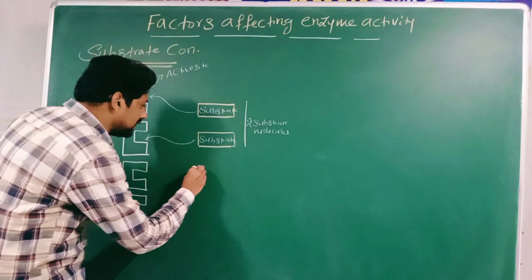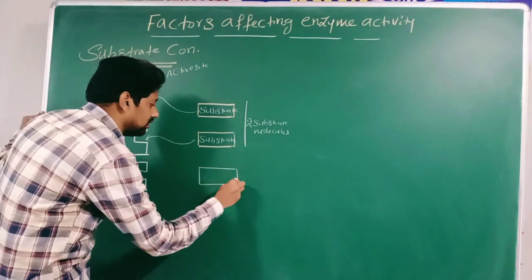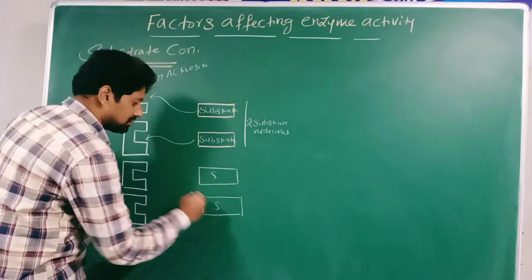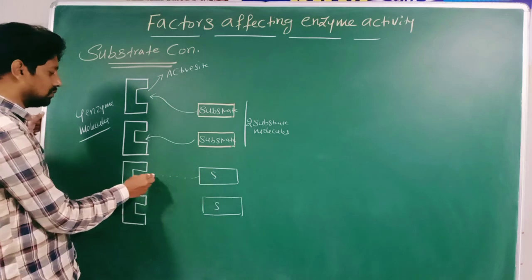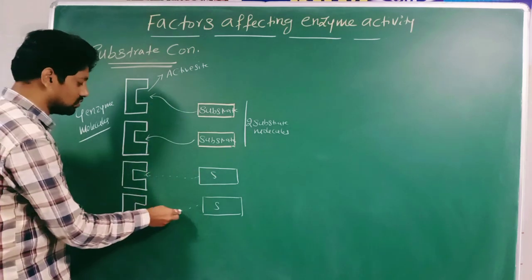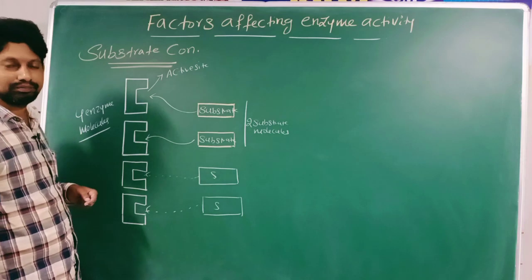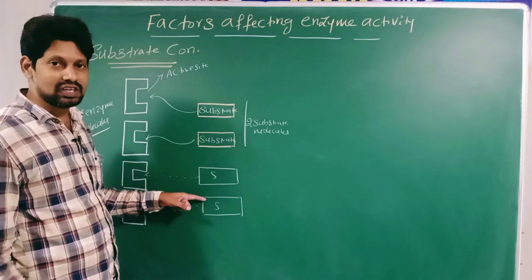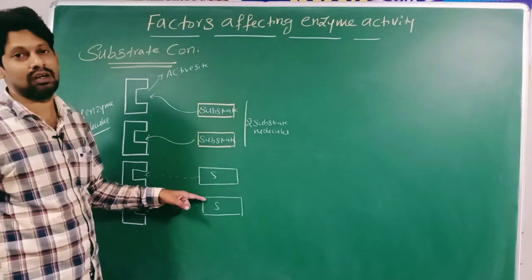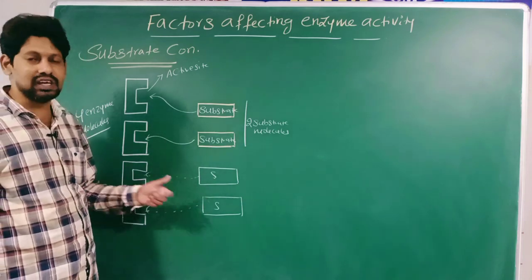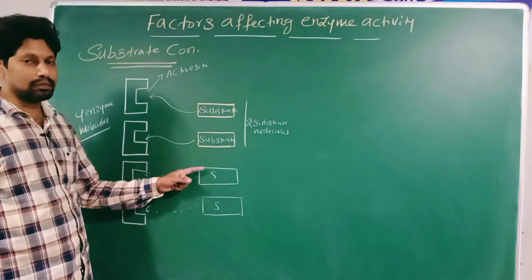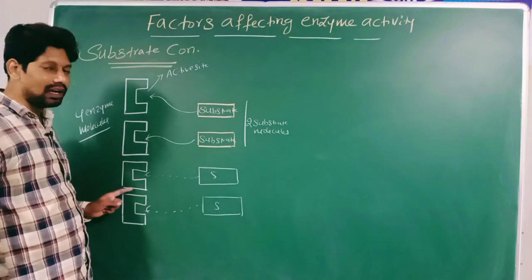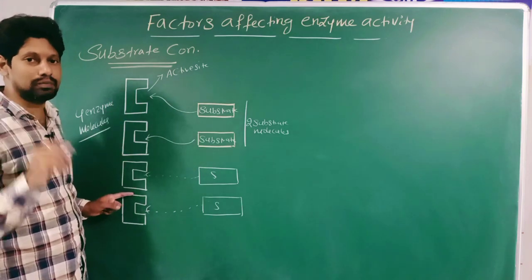Now, if you increase the substrate concentration, what happens? This substrate goes and binds in the active site of this enzyme. This also goes and binds in the active site of this enzyme. Therefore, initially, an increase in substrate concentration increases the rate of the reaction. Why? Because initially the number of substrate molecules is less, so all enzyme molecules are not saturated with substrate molecules.